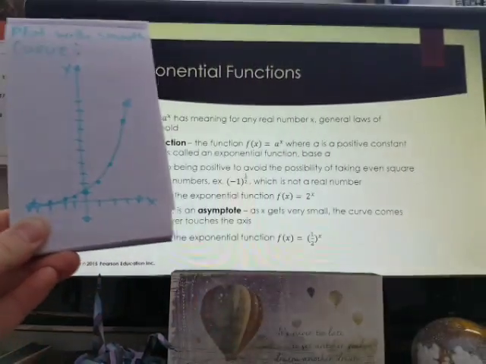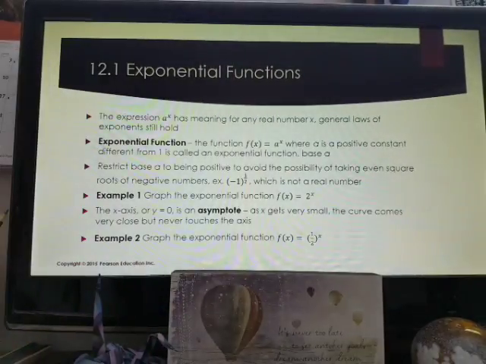So in this case, the x-axis is what we call an asymptote. Basically, that means it's the line which this graph will never cross. It will get very, very small, but it will never cross the x-axis because y is never going to be a negative number. So the x-axis, or y equals 0, is the asymptote for this graph.